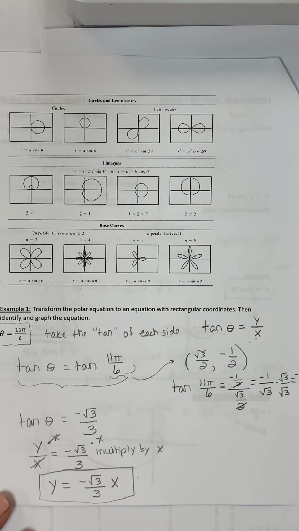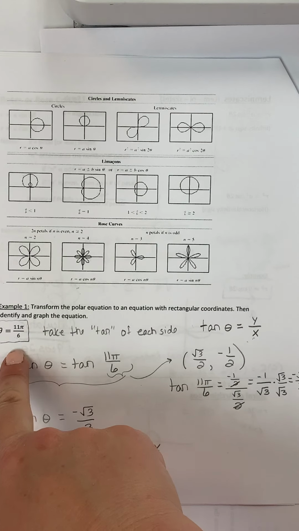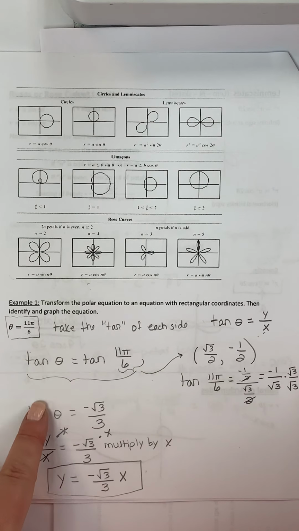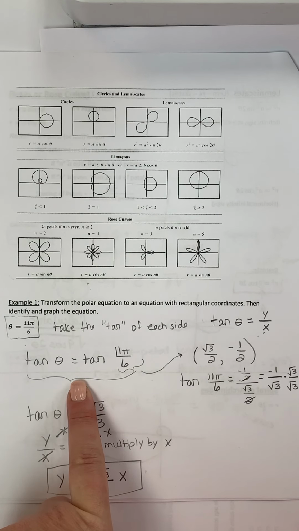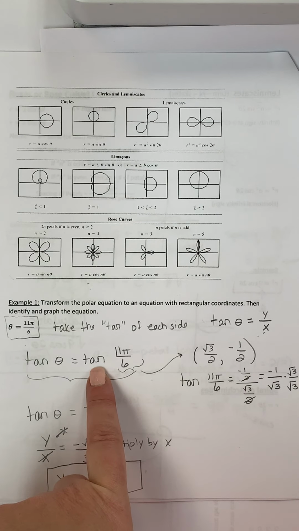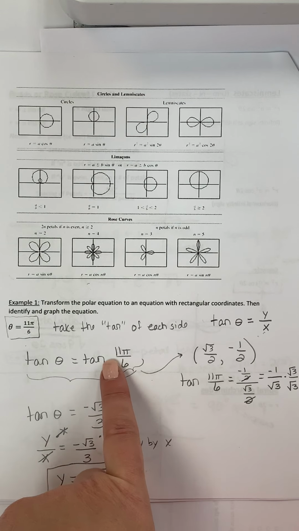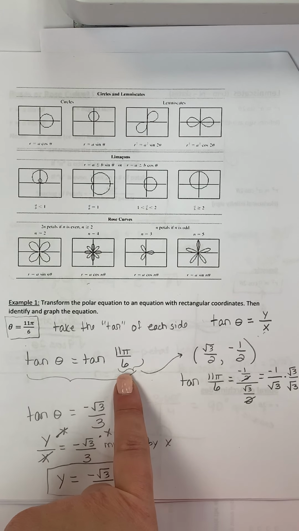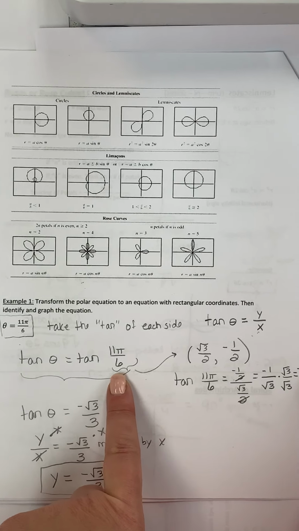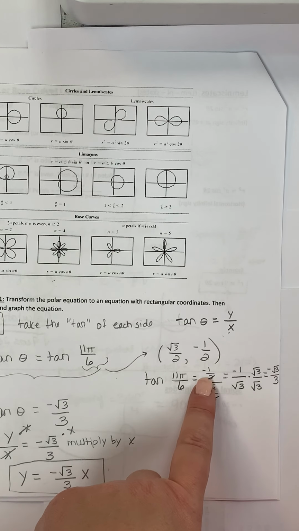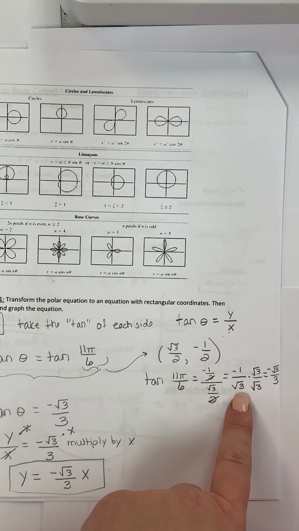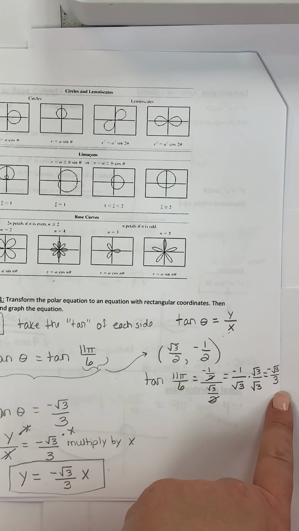And there we go. Okay, so let's go through that again. I started out here. I took the tangent of both sides. It led me here. I then looked at the right side and found the value for the tangent of 11 pi over 6. This was the point associated with it. I put y over x, did some algebra, rationalized, and came up with negative root 3 over 3.